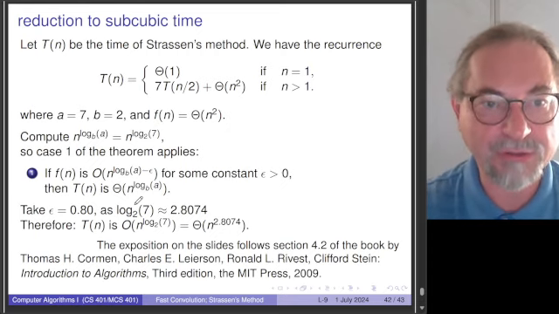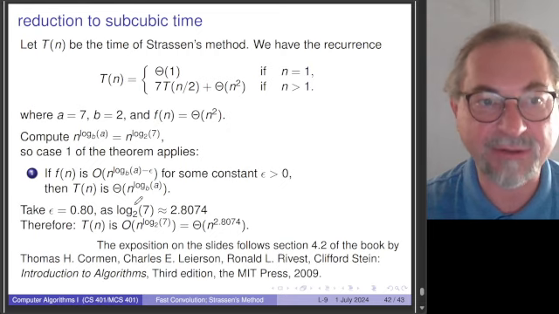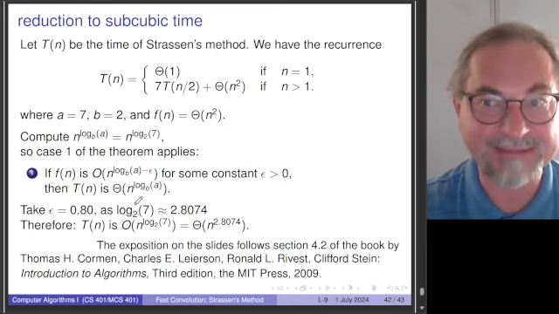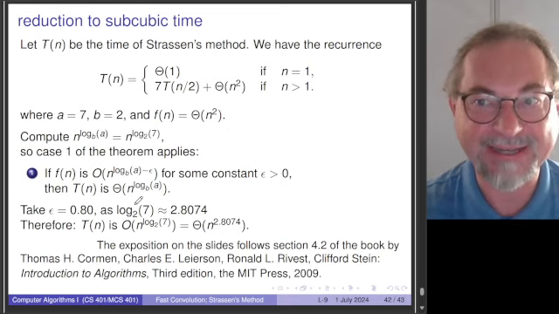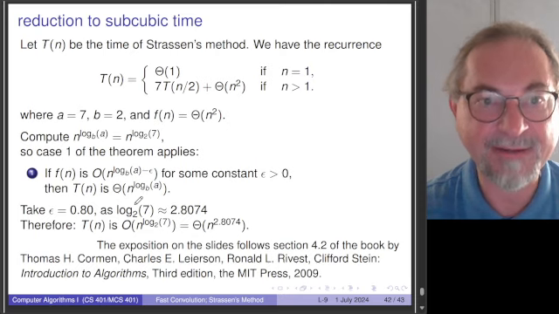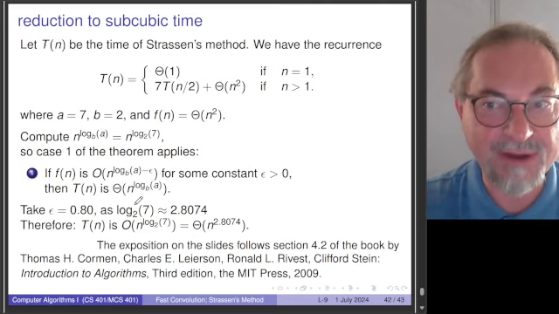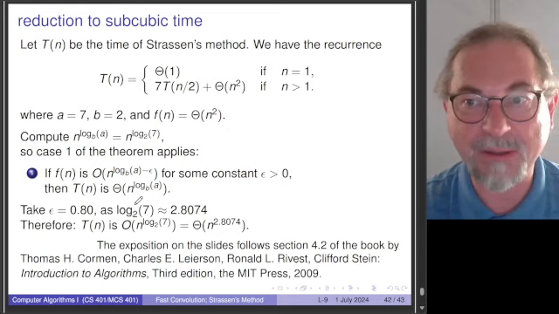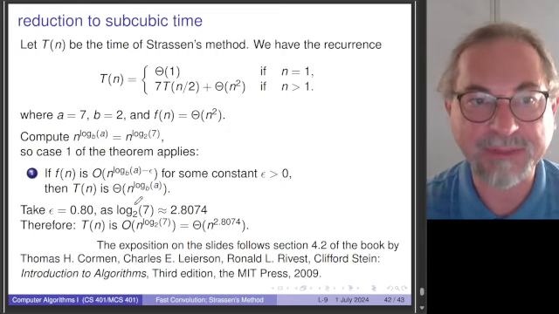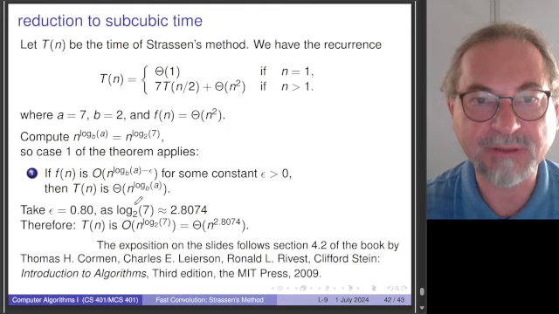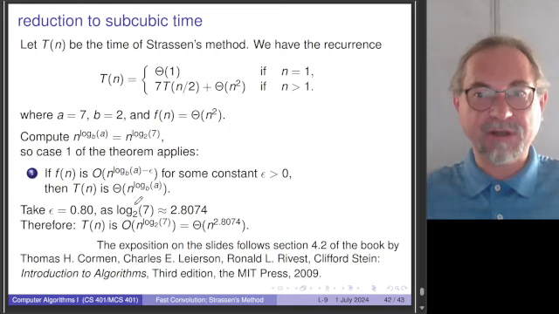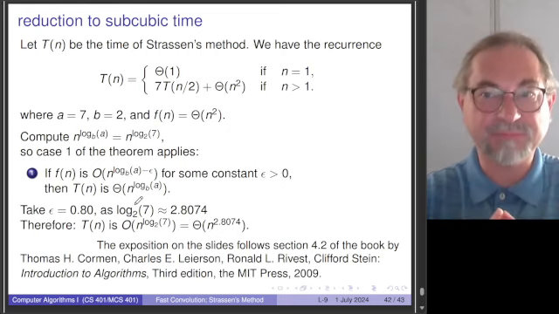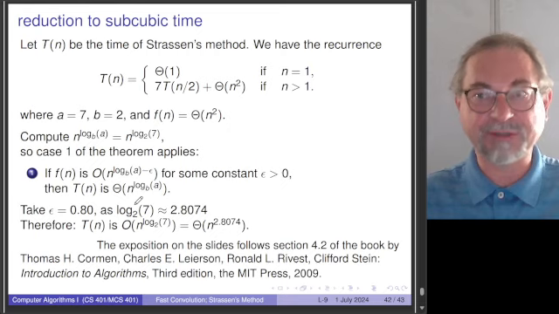We have a recurrence stated here, which contains the essence. The base case is 1 again, and we have to do 7 matrix multiplications of half the size. The computation of the submatrices involves 10 additions or subtractions.